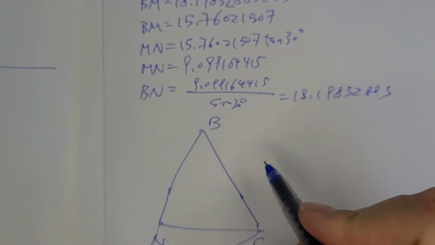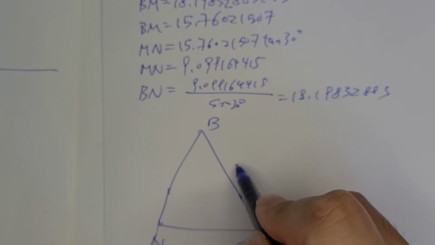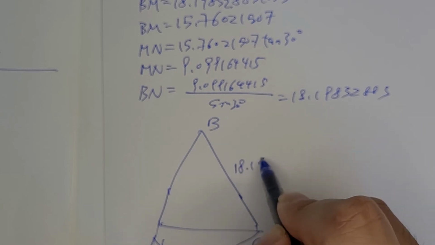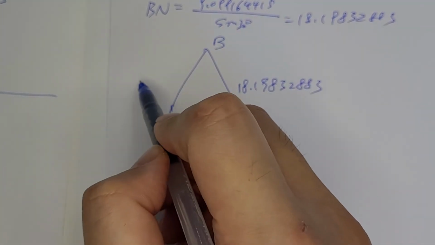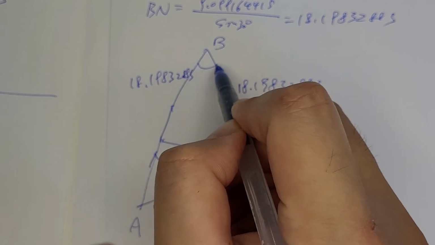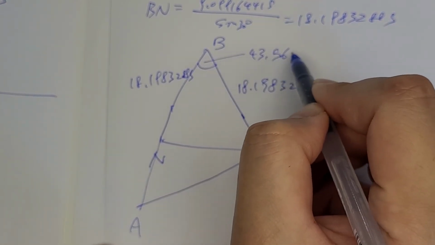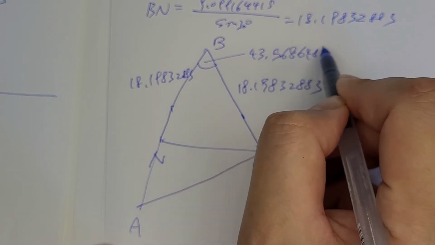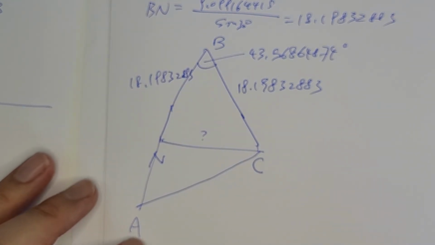BC is 18.1983288. BN also 18.1983288. This angle we found in B1, that is 43.56864874 degrees. The key point is we want to find NC.